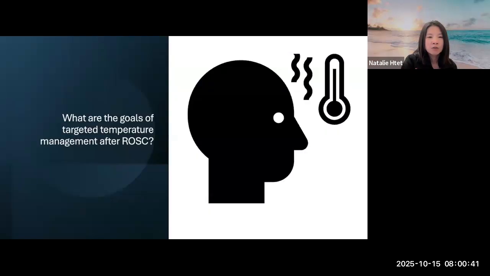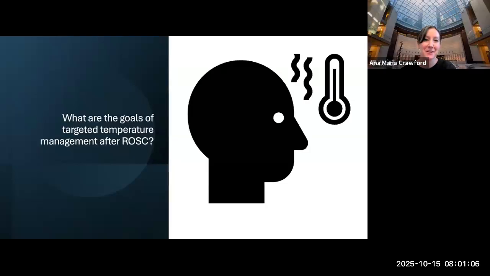A lot of the literature initially mentioned cooling down to 33, but now it's just to prevent fever, which is perfect in the low resource setting. We don't need to go crazy. So often maintaining around 36 degrees for 24 hours and avoiding fever for 3 full days works for neuroprotection. Perfect. Thank you so much. So, no more making your patient hypothermic, just avoiding fever.